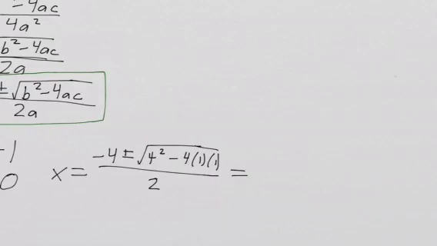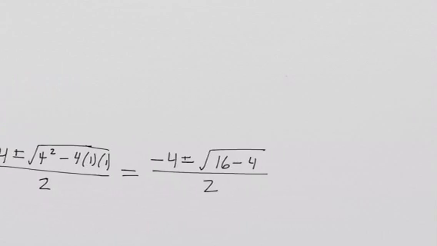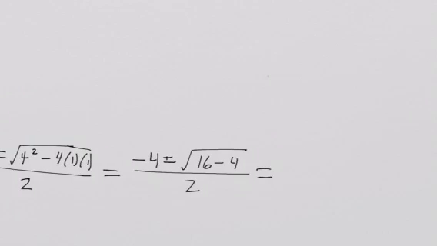So first thing I'll do is simplify under the radical. So -4 plus or minus the square root of 16 minus 4 over 2. So -4 plus or minus the square root of 12 over 2.